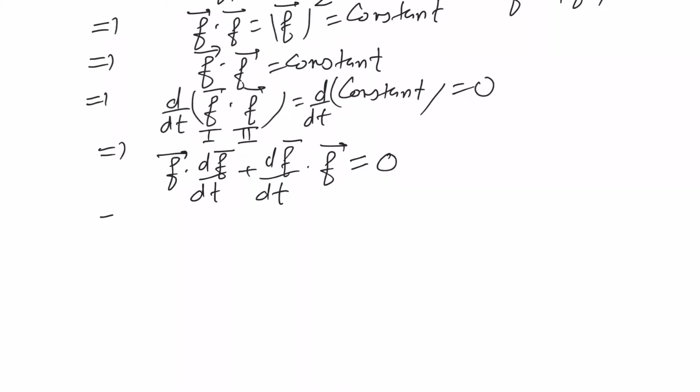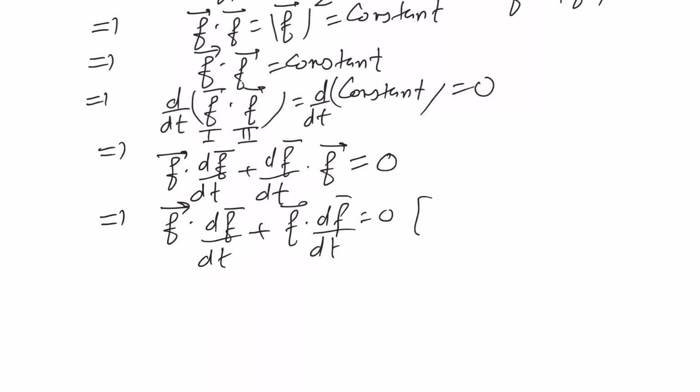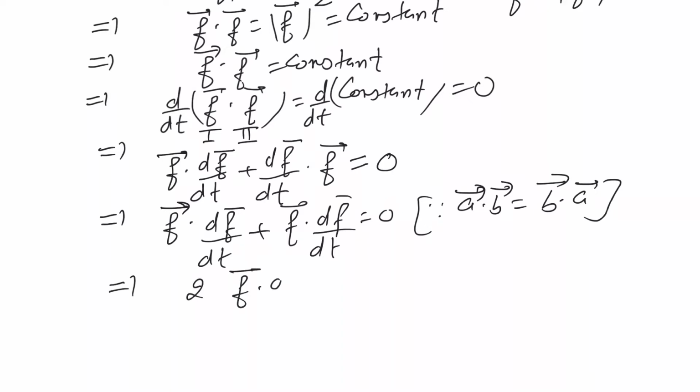This implies that f dot df by dt plus f dot df by dt is equal to 0, because we know that dot product is commutative. Commutative means a dot b is equal to b dot a. This implies that 2 f dot df by dt is equal to 0.